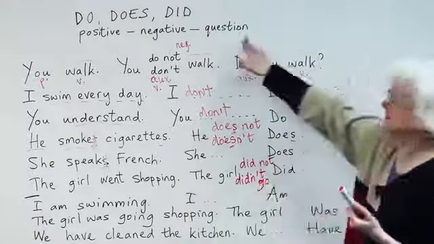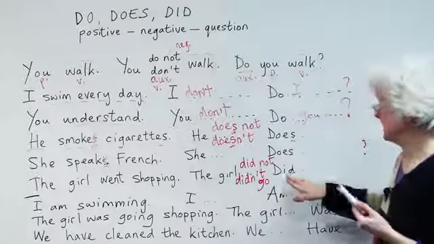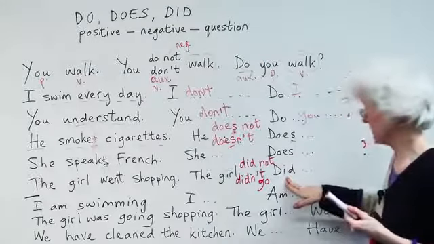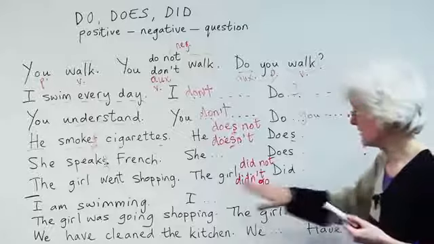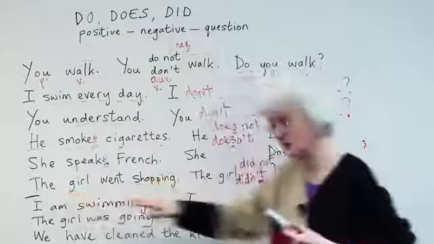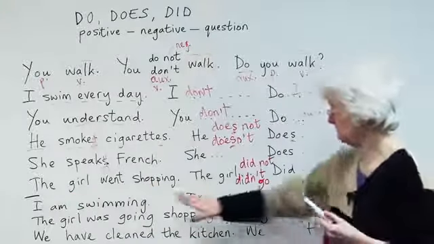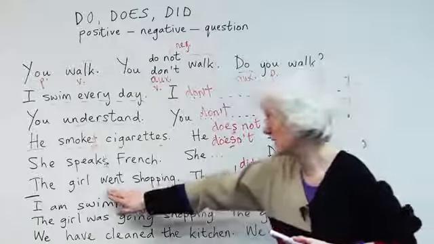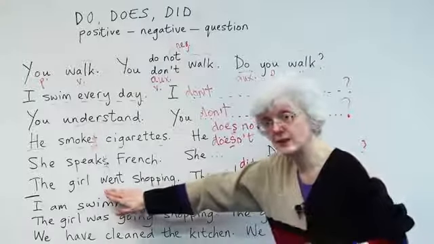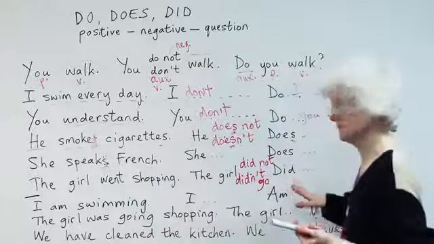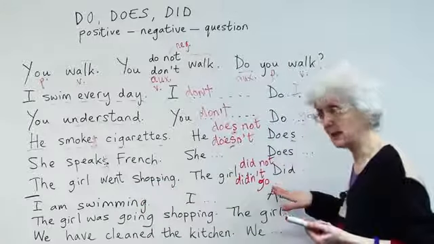Okay, let's try it with a question. Did, so can you think, did, it's going to be the girl, so did the girl, what do you think it would be? Did the girl went shopping? Probably not.